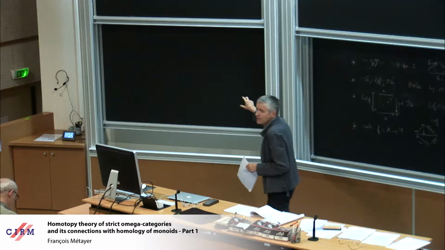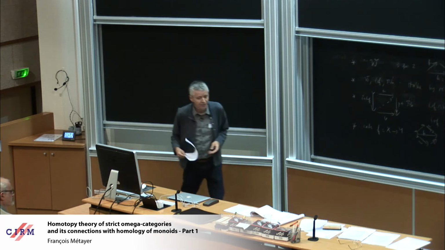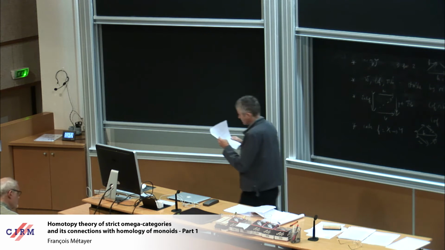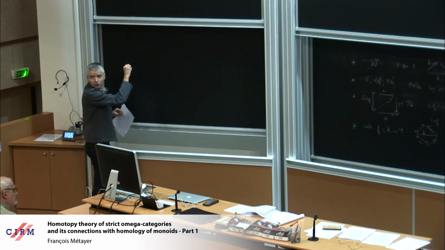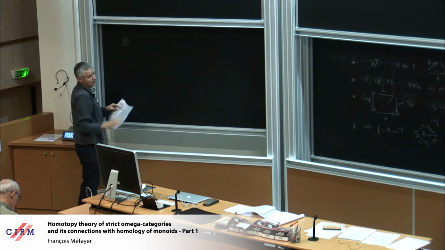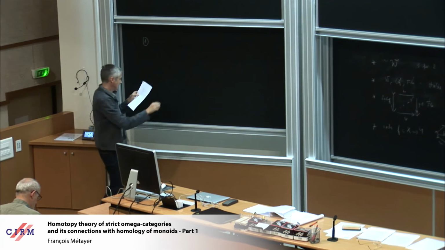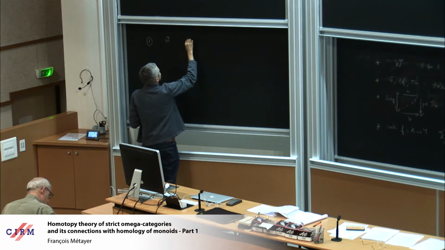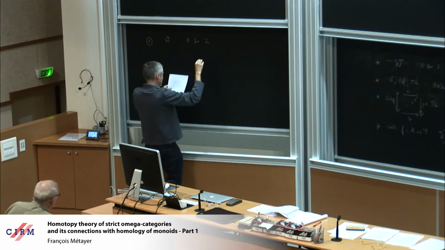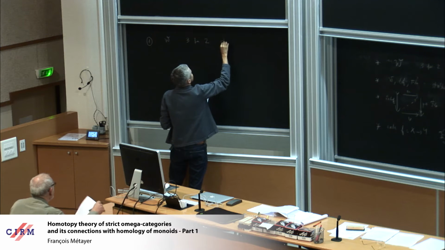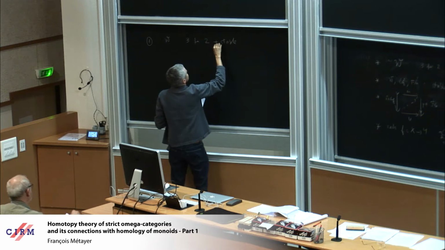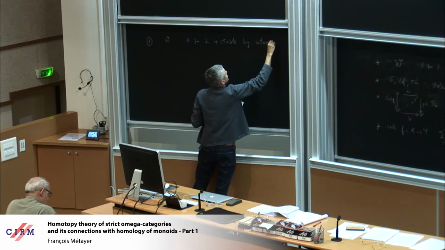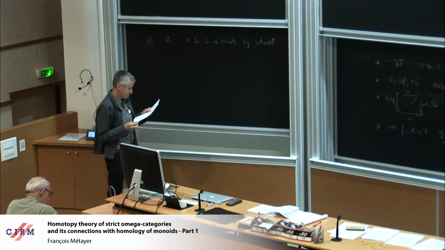So I will keep the Smith conditions all the way here. Those conditions are, first, the same as this: W has 3 for 2, and is stable by retracts.